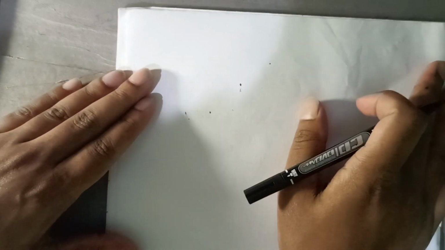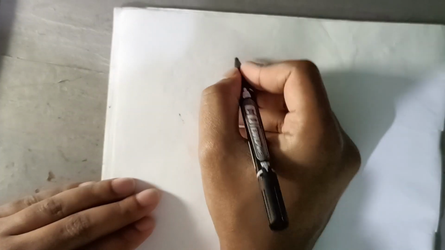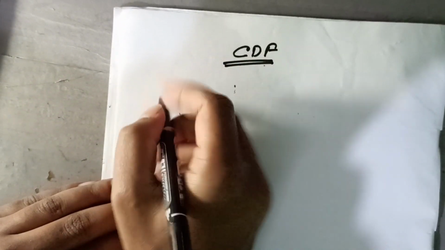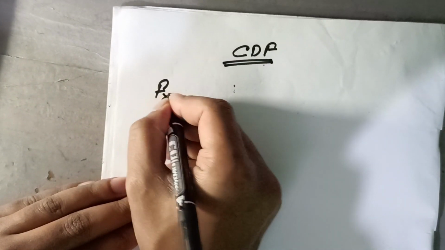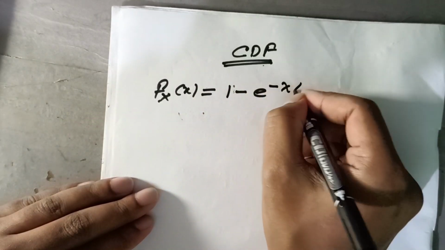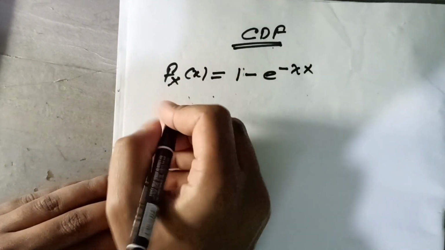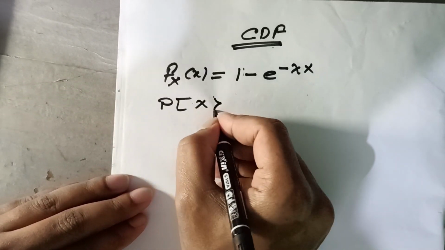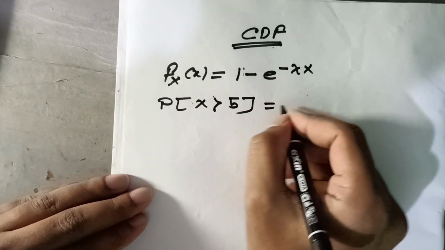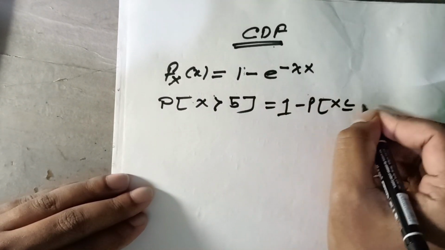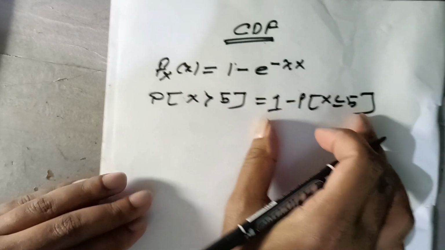And there is a direct solution for the problem, by way of the CDF. We know that for the exponential distribution, the CDF, denoted by F of x, is 1 minus e to the power minus lambda x. Our problem is to find the probability of x greater than 5, which I can write as 1 minus the probability of x less than or equal to 5, right?